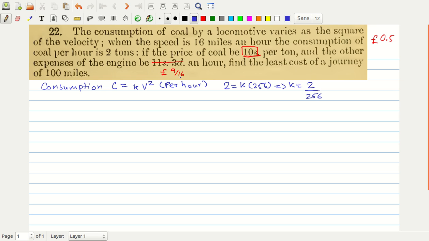So what they are saying is, if the price of the coal is 0.5 pounds per ton and the other expenses of the engine are 9 by 16 pounds an hour, find the least cost of a journey of 100 miles. So what is expense?